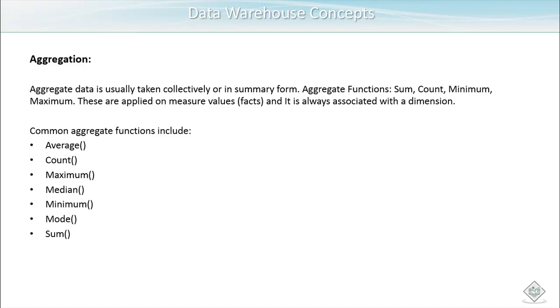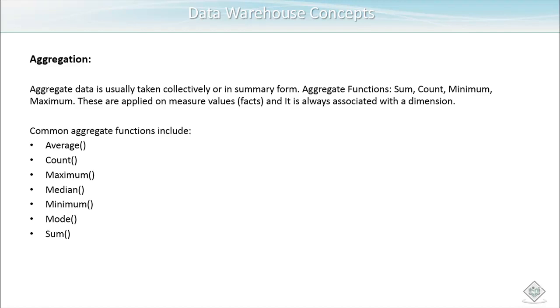In that table we have only one record which contains the summation of revenue for the complete year. So we can compare the performance, it is 365 times faster than the previous query. That's why aggregation is very important in my data warehouse.